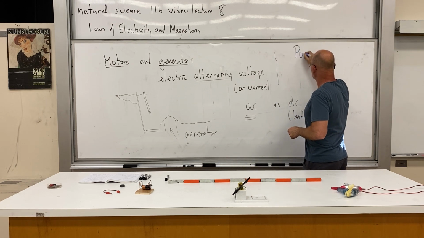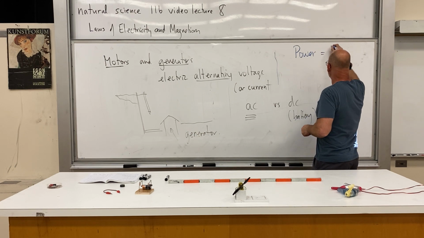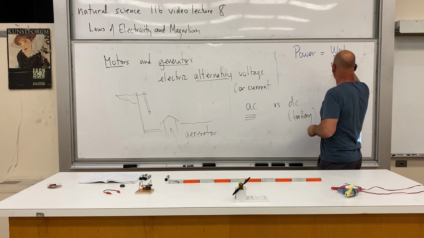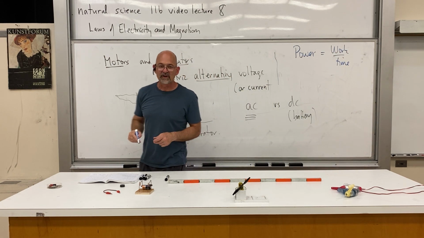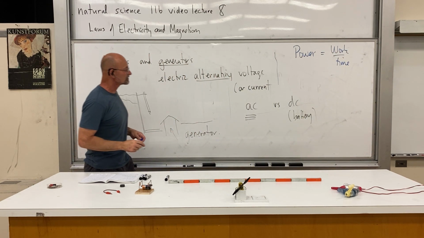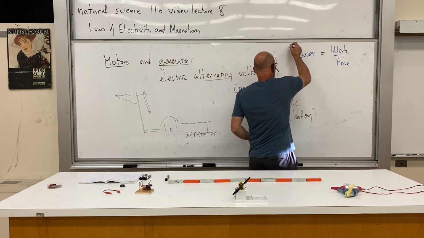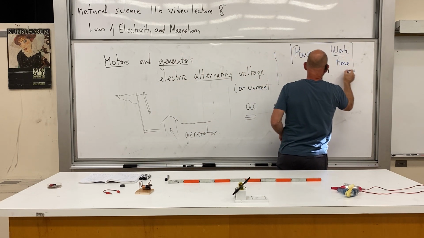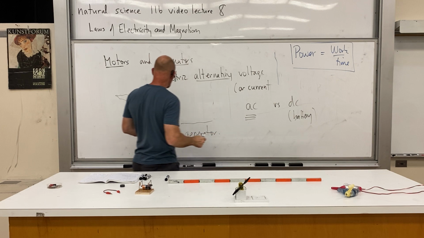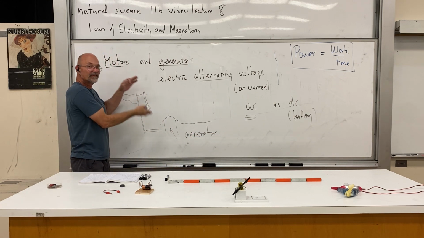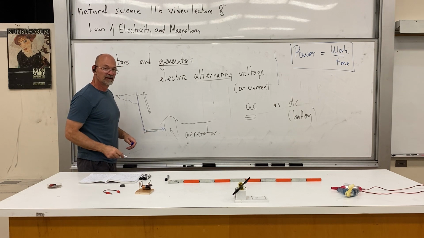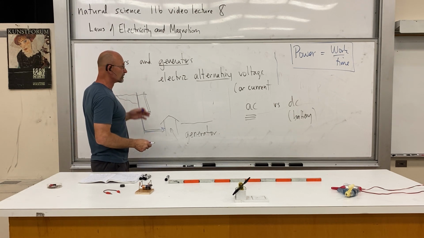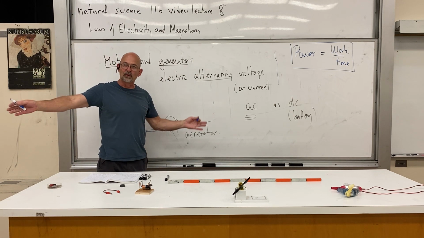If you're generating power, that's work per time. And what is supplying the work? What's supplying the work is this water, the immense masses of water that are flowing through here. The tunnels could be as big around as this room.